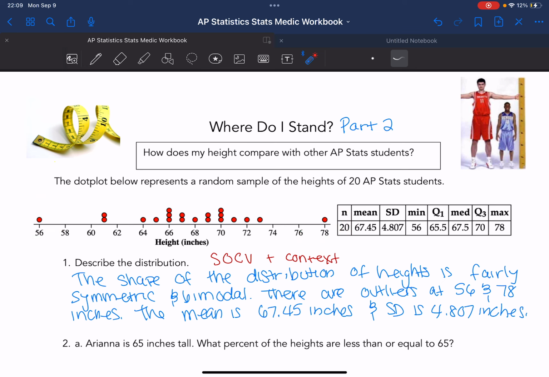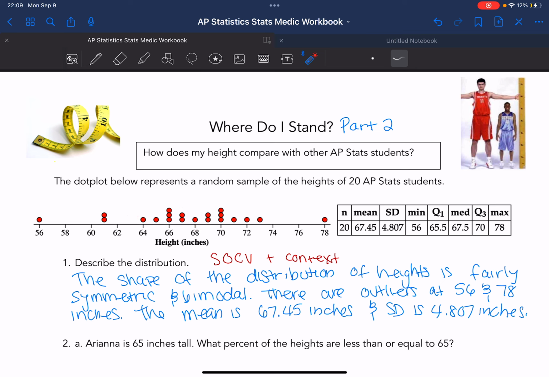Same with symmetric and bimodal. It looks like the symmetry is right here around 68, and notice how it's very similar on both sides. That's why we said it's fairly symmetric. And then that bimodal is because we can see two significant bumps here. We see one here and then one here.